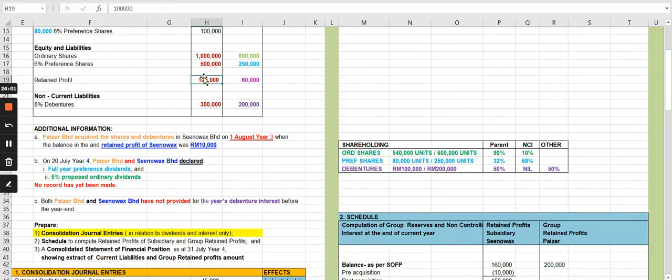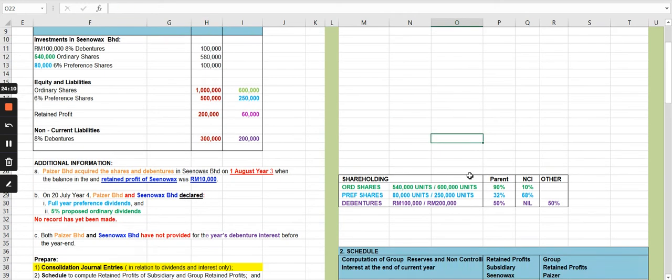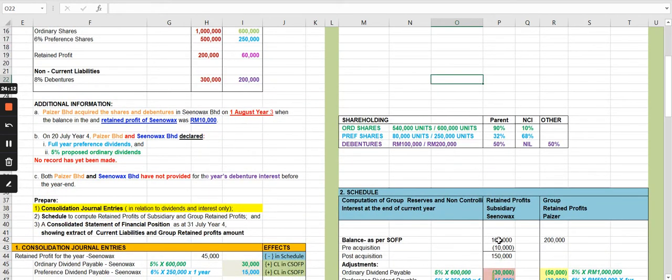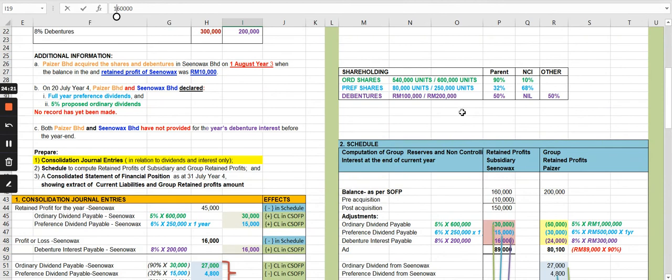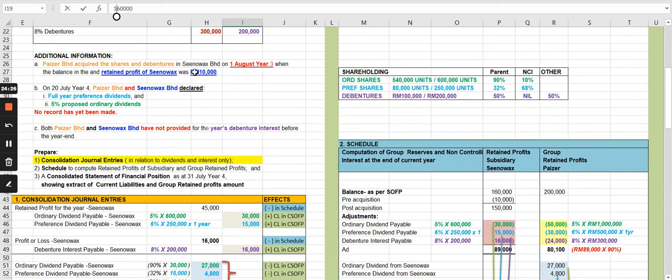So we have to change that because there was some typo there. Okay, just change it. And the balance for the subsidiary is 160,000. Just make some amendment there. 160,000, right? Okay, so now the pre-acquisition profit of the subsidiary was 10,000. So there you get the 150,000, right?